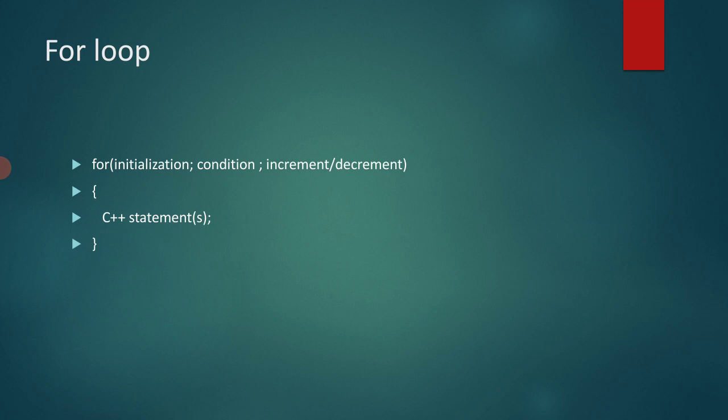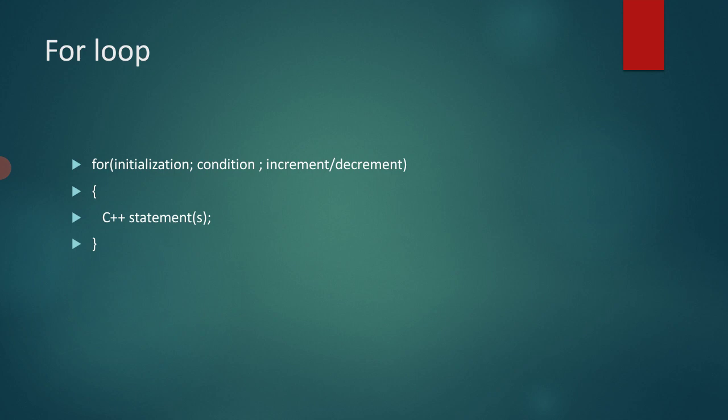Now what is initialization? If we are using any variable, it is mandatory that you first initialize that variable. As I have explained in a C++ program, whenever we write a program, we can declare a variable as well as initialize a variable.